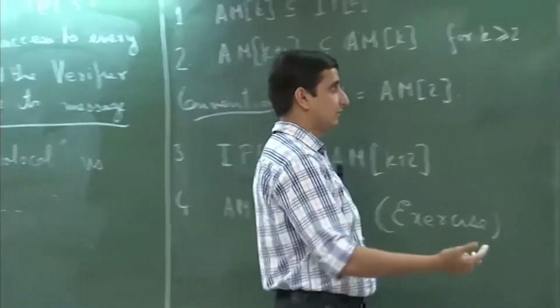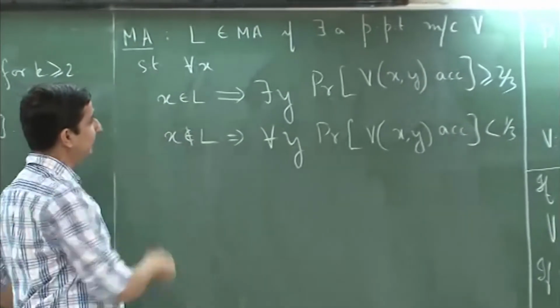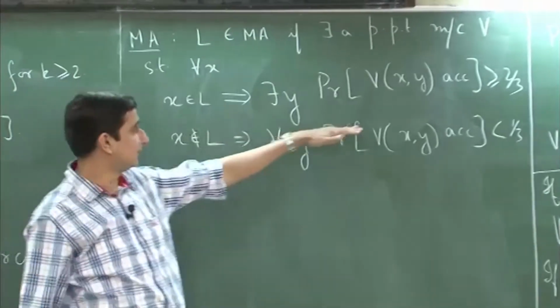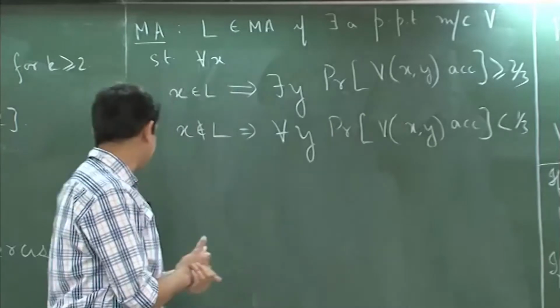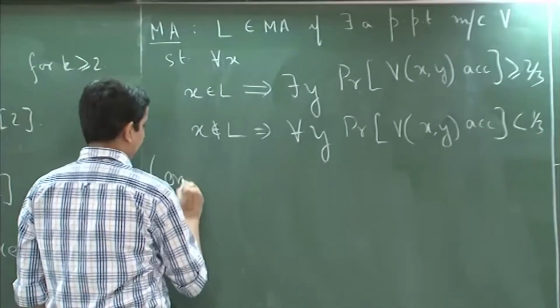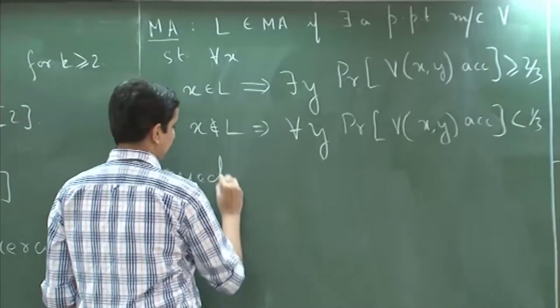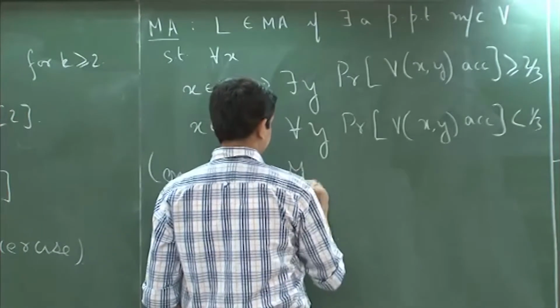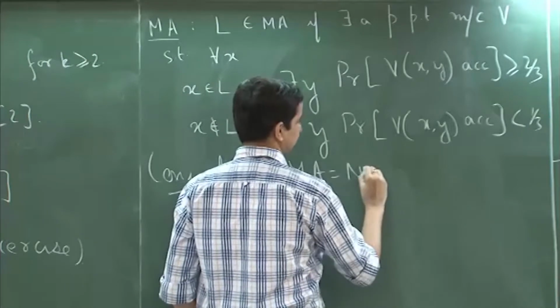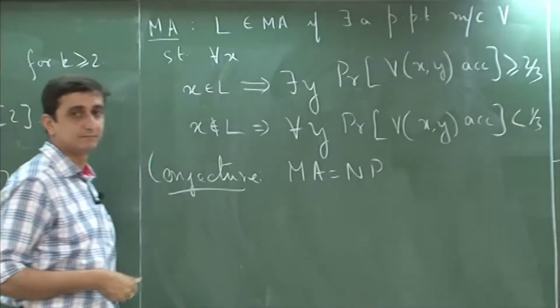So, if you look at this definition of MA, it is the same as that of NP, but the verifier is a probabilistic machine. Okay. And actually it is a very widely believed conjecture in complexity that MA is the same as NP.